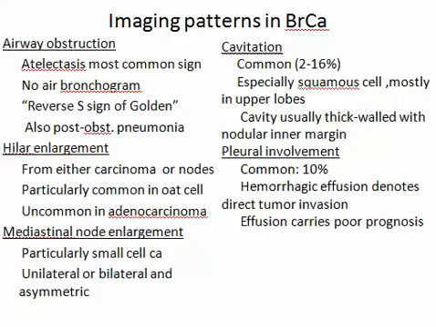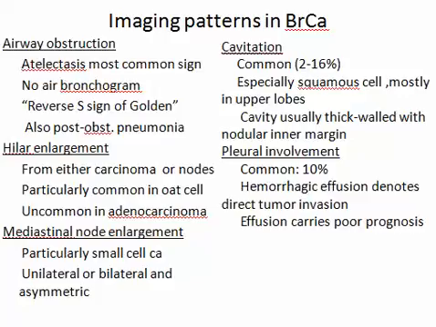That means there is something inside this area. There is a mass here. And another thing, if you have obstruction by a tumor, then distal to it there will be obstructive changes, obstructive pneumonia with either atelectasis or without.